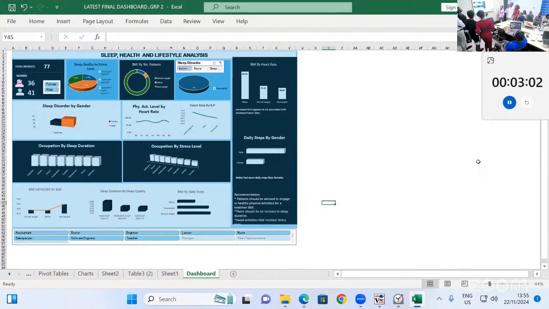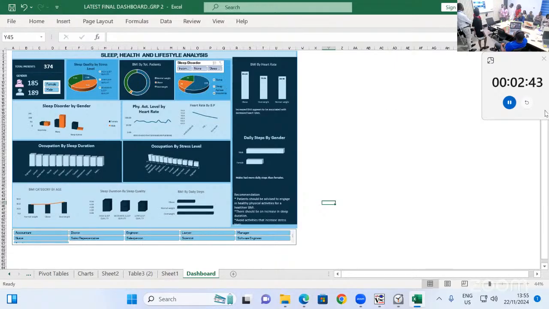Okay, recommendations. As my colleague has spoken, the purpose of our dashboard is to give an in-depth insight on the various factors that affect sleep disorders. So we have factors like the age, occupation, stress level, sleep duration, and all of that.